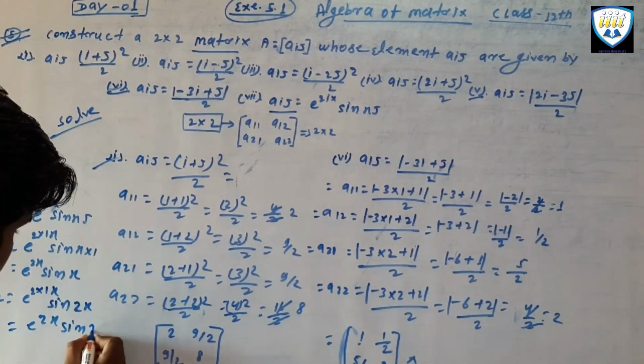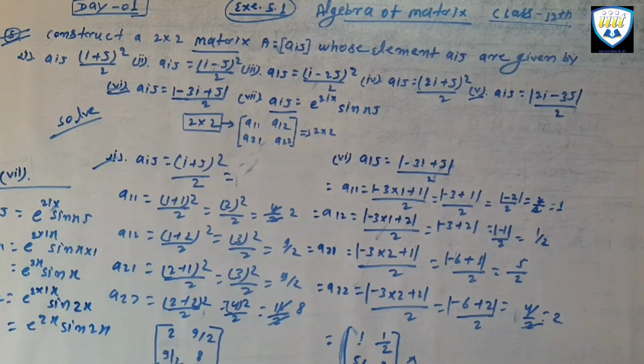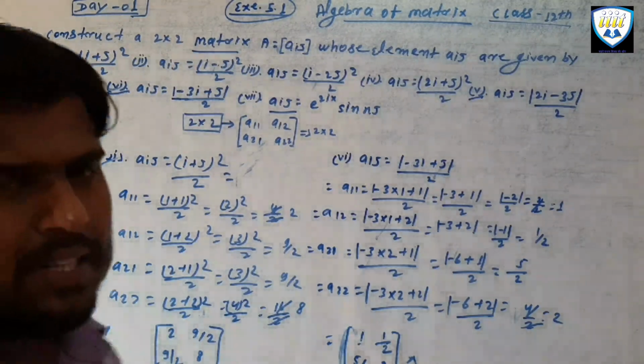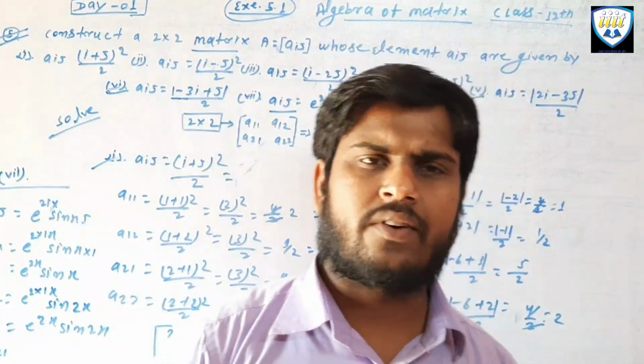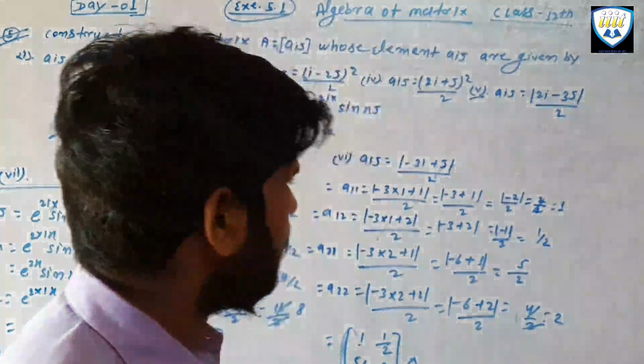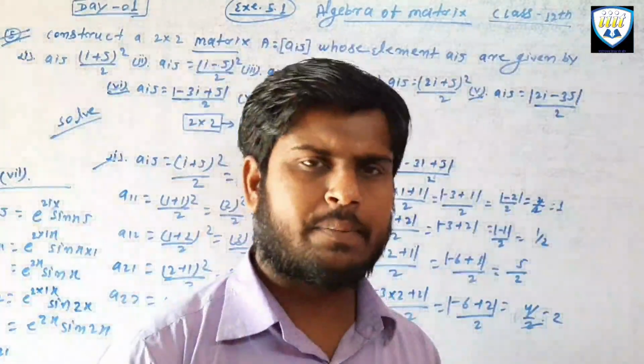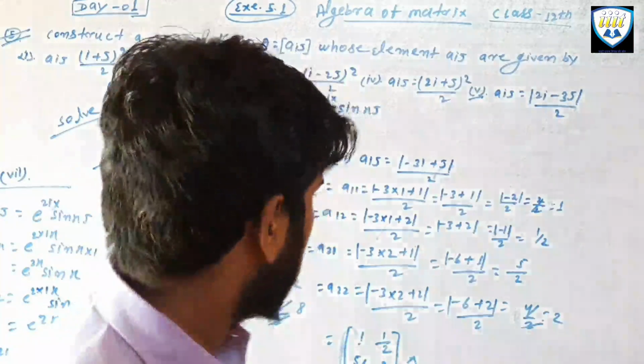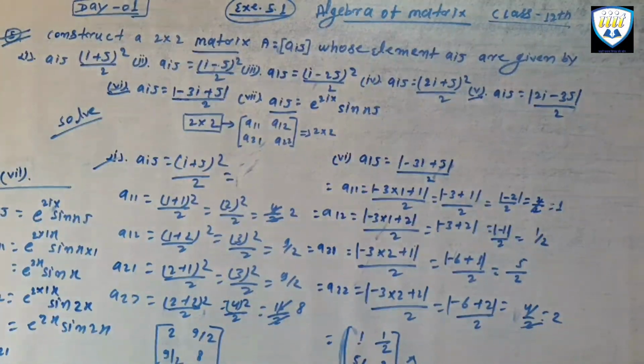Any doubt? Similarly, A22 is the same. Anyway, this method is the same for 1, 2, 3, 4, 5, 6, 7. The order is 2 into 2. Any doubt? This question has no doubt; I just explained before. Same method: for 4, 5 use the 3 method, and for 6 use the same method.